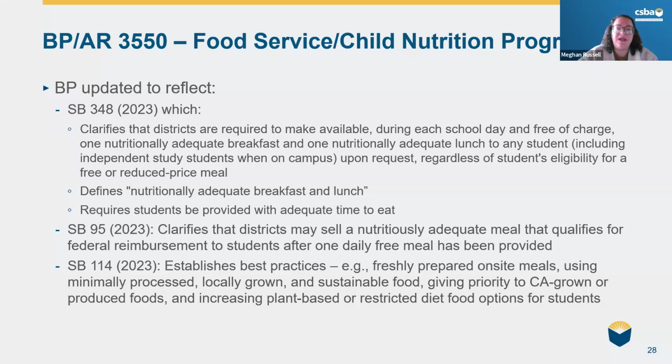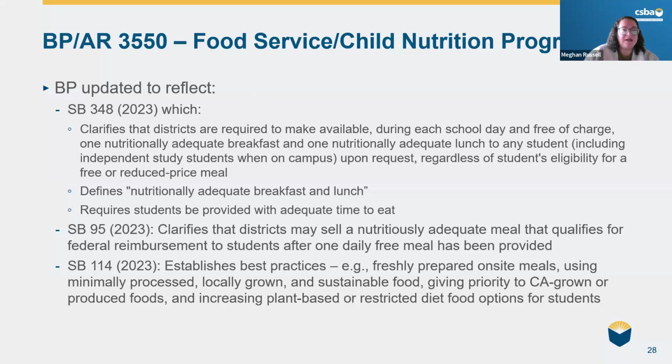And then SB 114 establishes some best practices for school meals, including serving freshly prepared on-site meals, using minimally processed, locally grown, and sustainable food, and giving priority to California grown or produced foods, and increasing plant-based or restricted diet options for students. So those were some best practices that were identified by SB 114 that we added to the board policy.